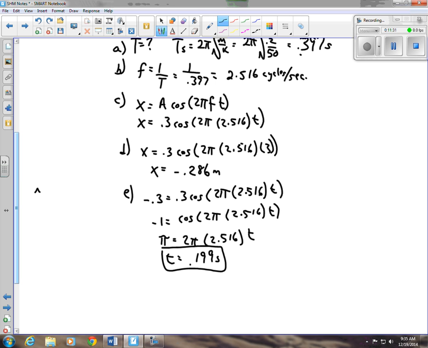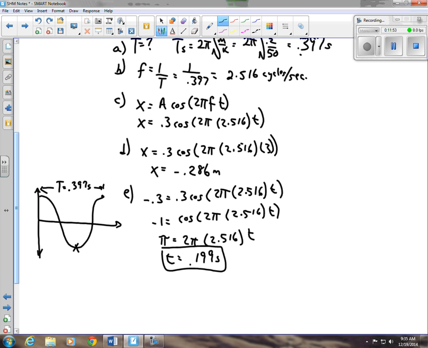The other way is if we physically think of what's happening here. Here's the lowest point that I'm trying to find. I have found that the period way back up in part A was 0.397 seconds.